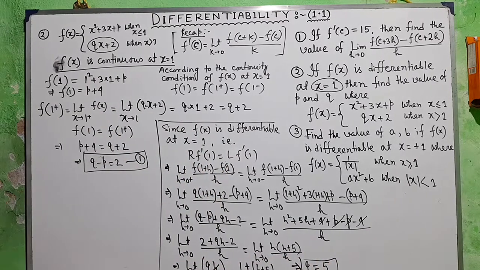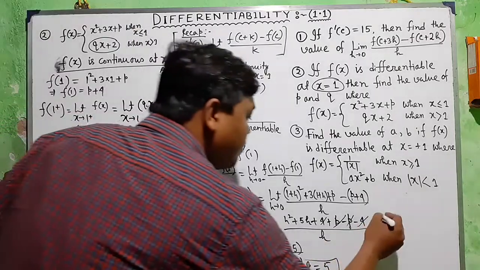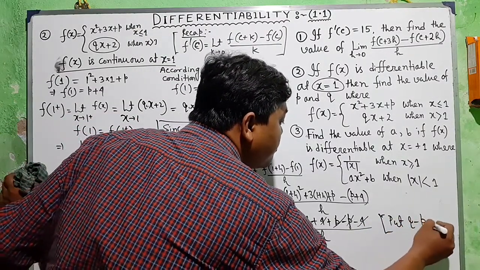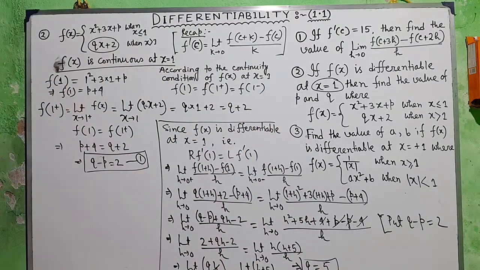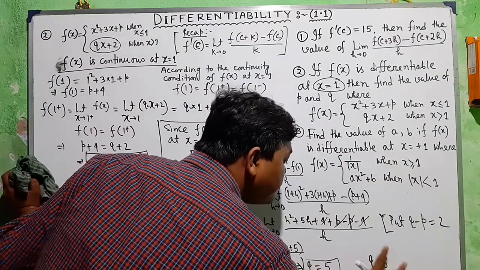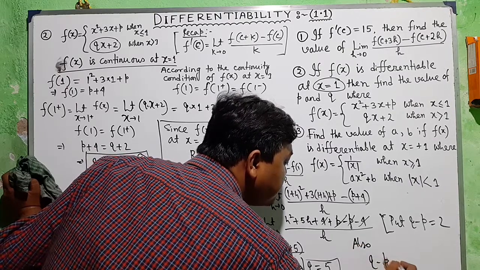So from the differentiability condition and using equation 1, just we write down here, put q minus p equals to 2 from the equation 1.